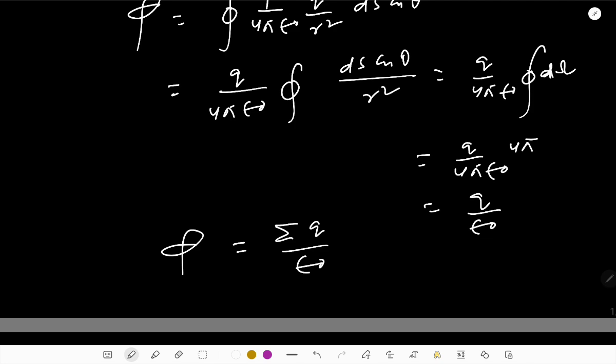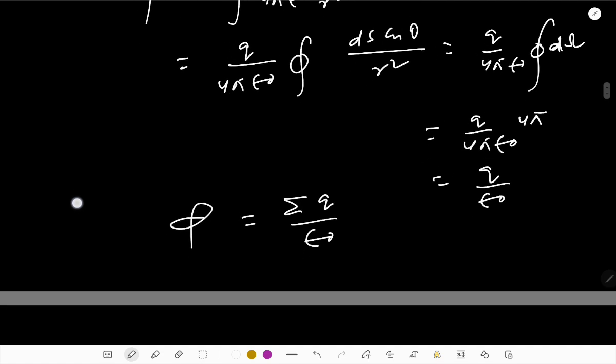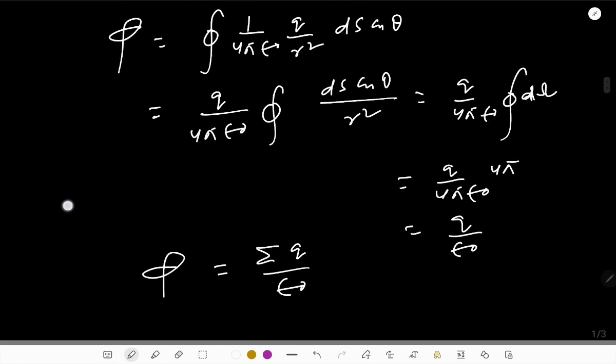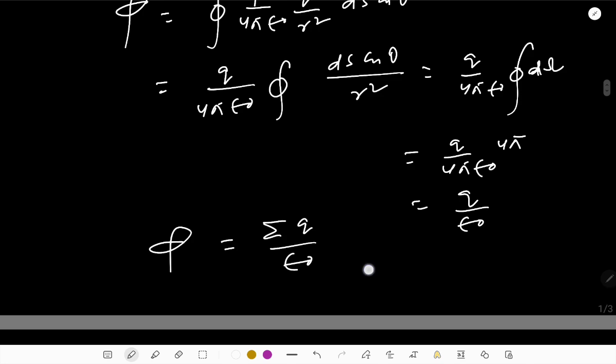Or you can find flux through the open surface as well. This was a closed surface, so for the open surface you can write phi equals q by 4 pi epsilon naught, and the surface is open, not closed.